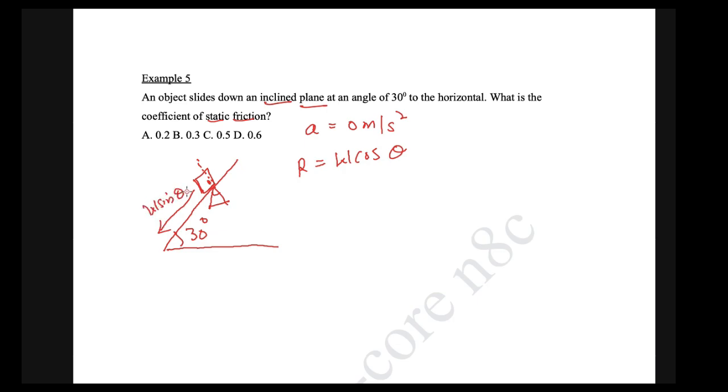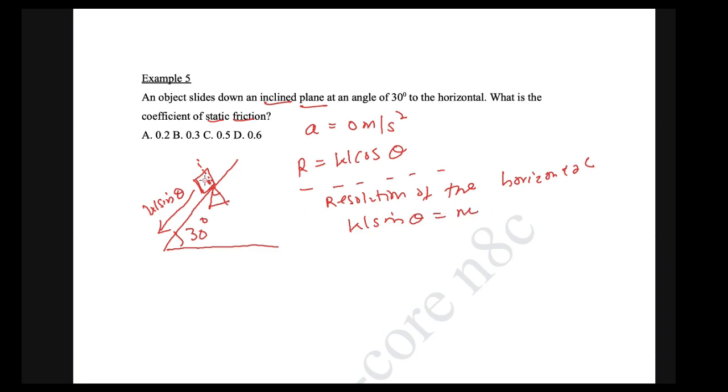With the way this question is fashioned, the force that is making this object slide down is this W sin theta, and that's the only force on this object along the plane. Then resolving the forces along the plane, W sin theta must equal MA.